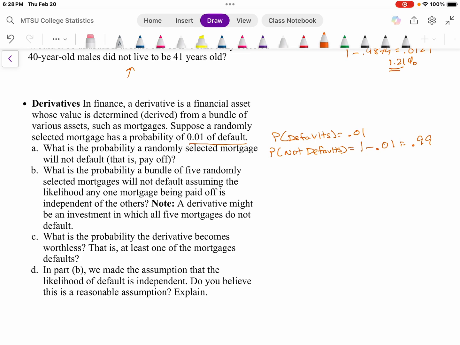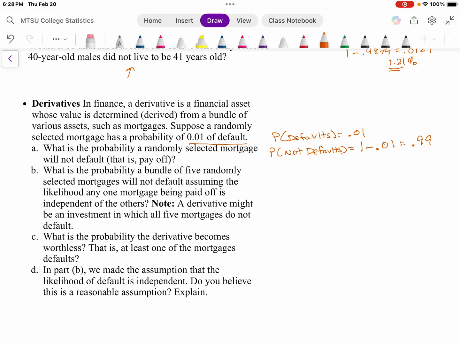Part B, what is the probability that a bundle of 5 randomly selected mortgages will not default, assuming the likelihood of any one mortgage being paid off is independent of the other? Again, note a derivative might be an investment in which all 5 mortgages do not default.